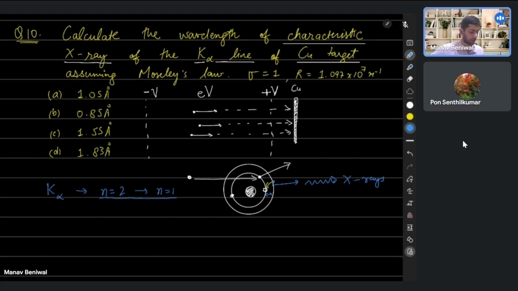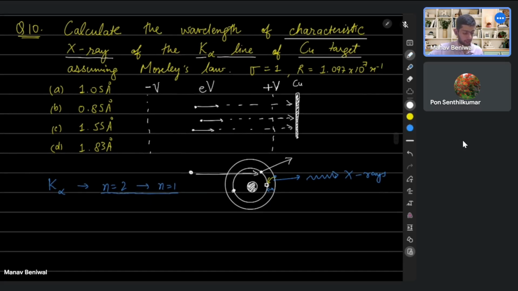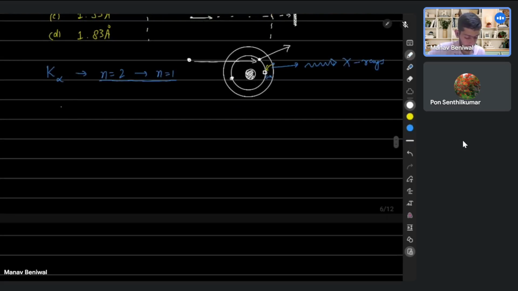Now if we remember, Rydberg's formula gives us the wavelength. The wavelength is written as 1 by lambda equals R times Z effective squared times 1 over n1 squared minus 1 over n2 squared. So this is Rydberg's formula.